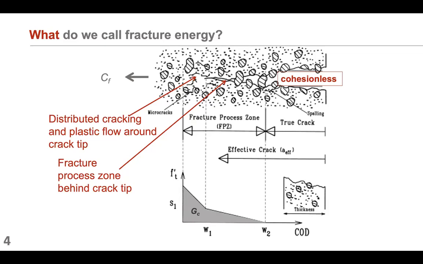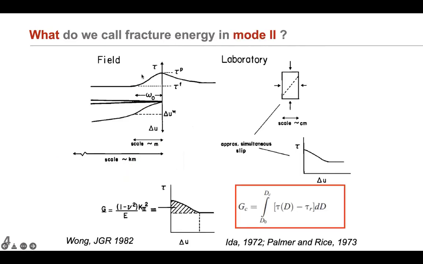This is for a mode 1 crack, but it's also true for a mode 2 crack. In mode 1 you have a pure tensile mode, but in mode 2 we can see the same thing, because the evolution of stress is expected to depend on the slip occurring behind the crack tip.